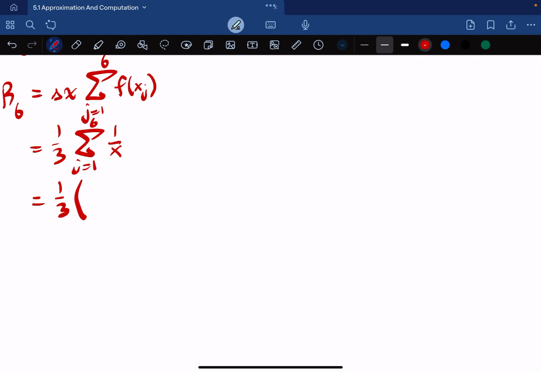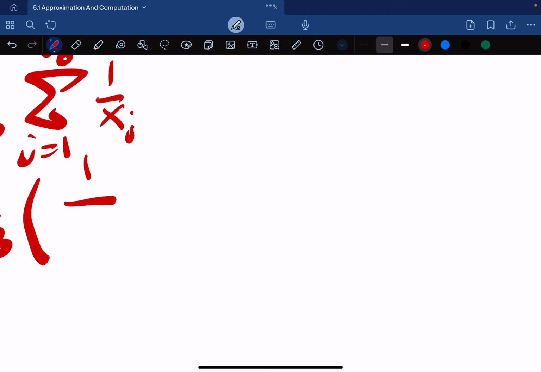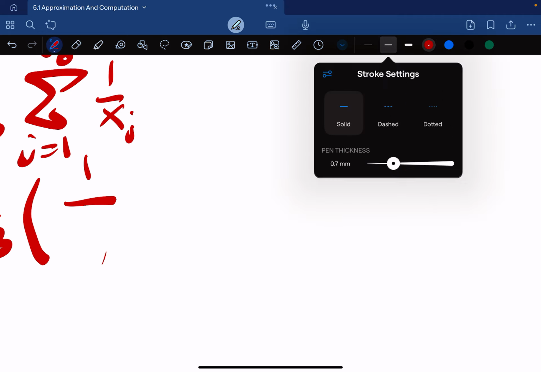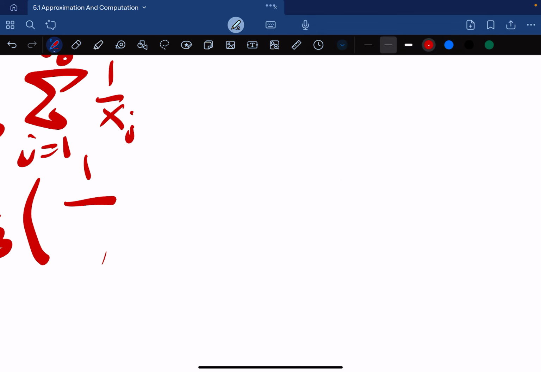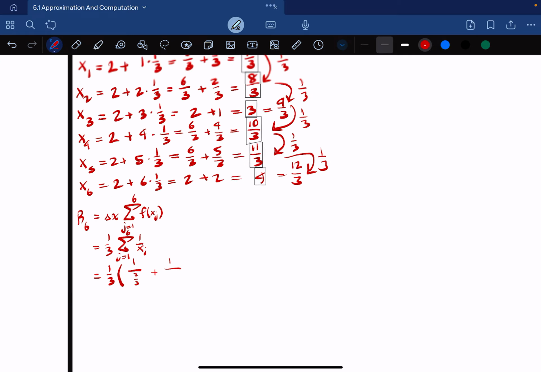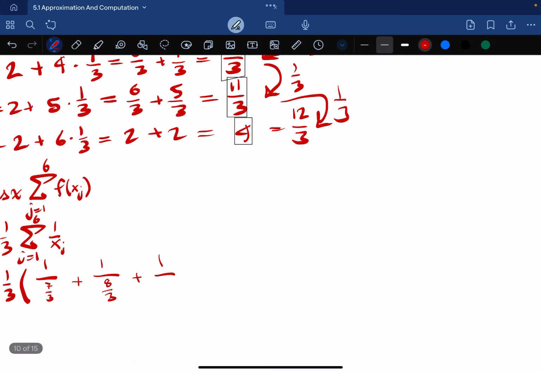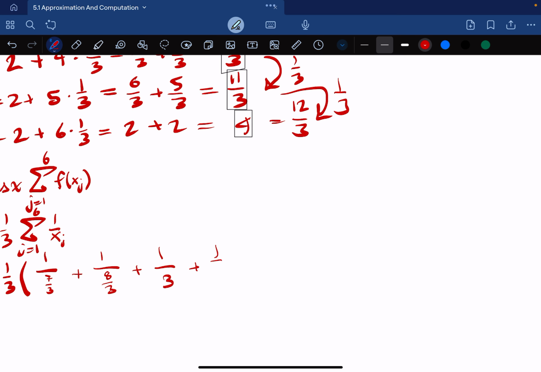Now, this turns into 1 over x of 1. What is x of 1? Our x of 1 is 7 over 3. Plus 1 over x of 2, which is 8 over 3. Plus 1 over, what's x of 3? Just 3.